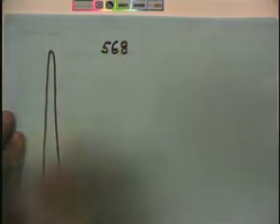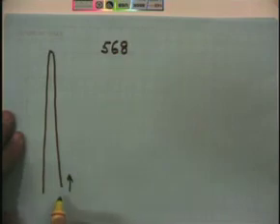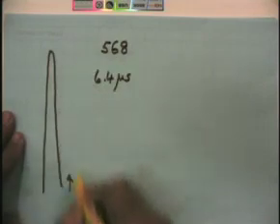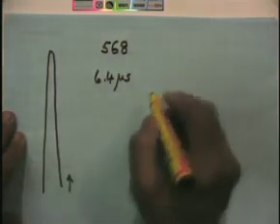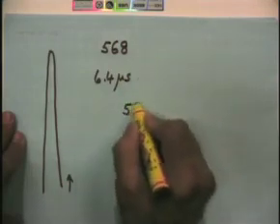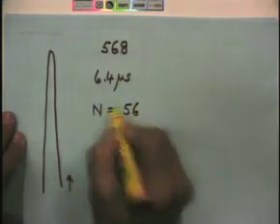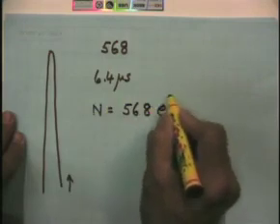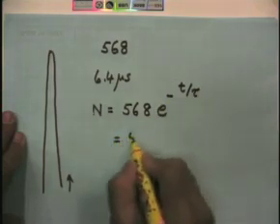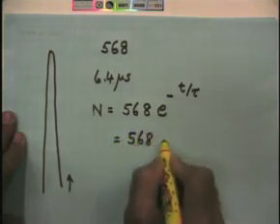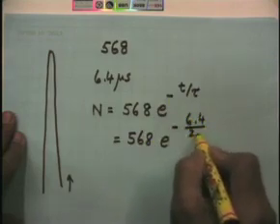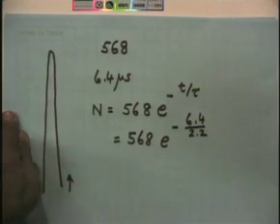So, according to the observer A, this takes about 6.4 microsecond for the mu-meson to traverse this distance. Therefore, the number of particles that should reach the earth will be n = n0 e^(-t/tau), with n0 = 568. So, this will be equal to 568 e to the power of minus 6.4 divided by 2.2 microsecond.